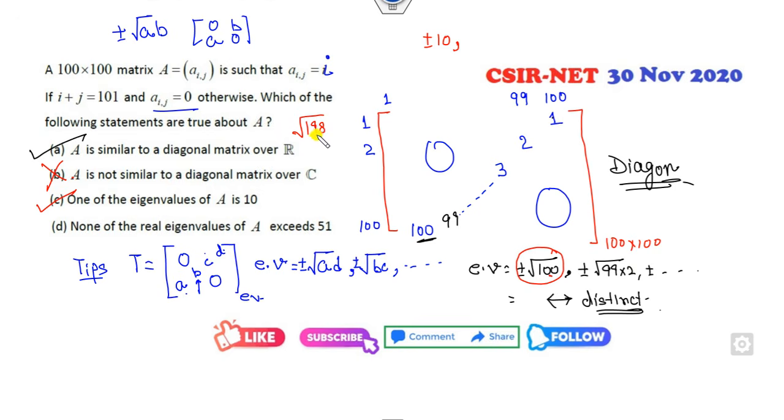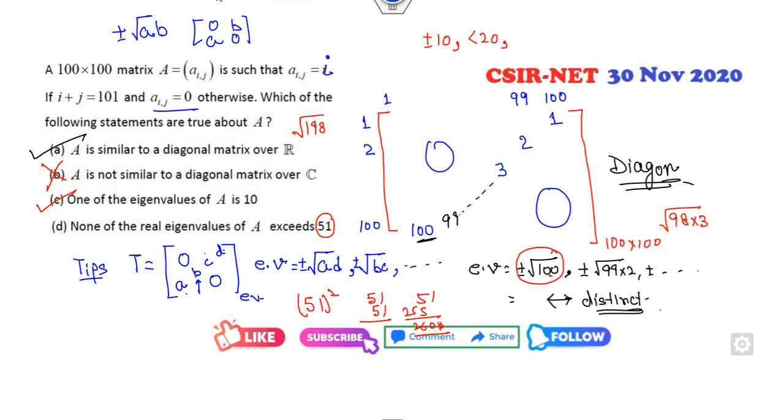That means it's less than 20. Similarly, the next number will be 98 into 3. So what is the meaning of that? Can you find whether it exceeds 51? The eigenvalue will be 51 squared. So can you find the square of 51? 2601.